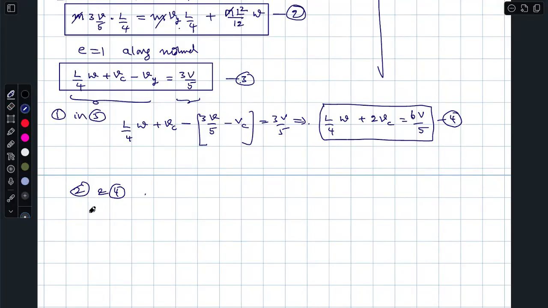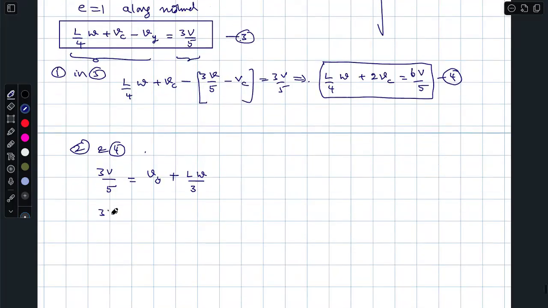You can write this as 3 by 20 VL is equal to Vy term. Let's do that as well, okay? Then what happens? 3V by 5 is equal to Vy plus L omega by 3.